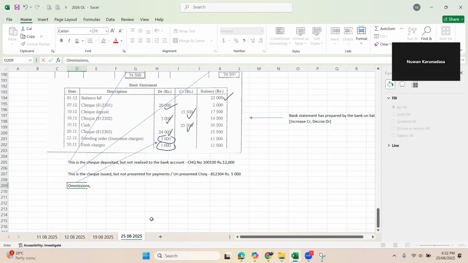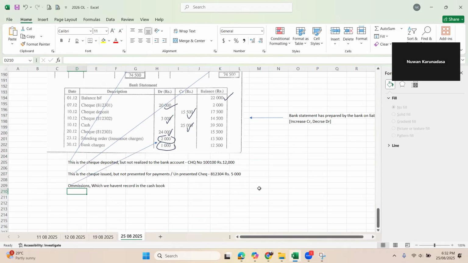Omissions which we haven't recorded in the cash book. Very important. So here, there are two omissions that have not been recorded in the cash book.